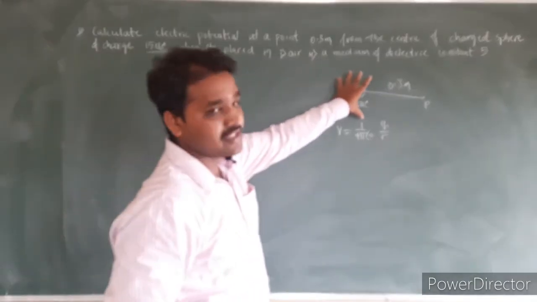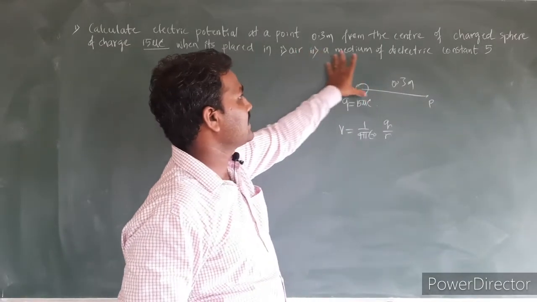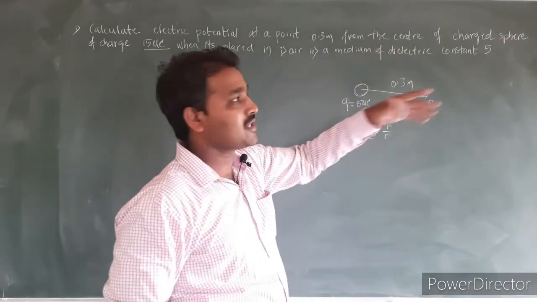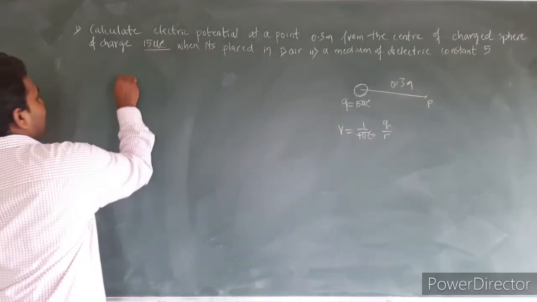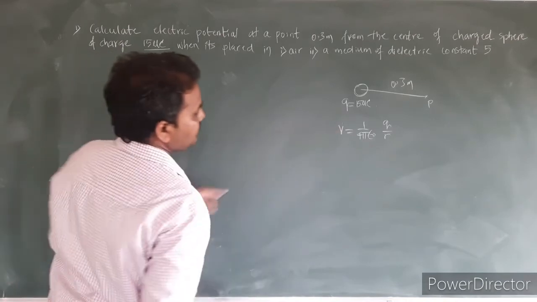There are two cases here. In the first case the charge is placed in air, and in the second case the charge is placed in some other medium whose dielectric constant is 5. So for the first case we shall use the same equation.